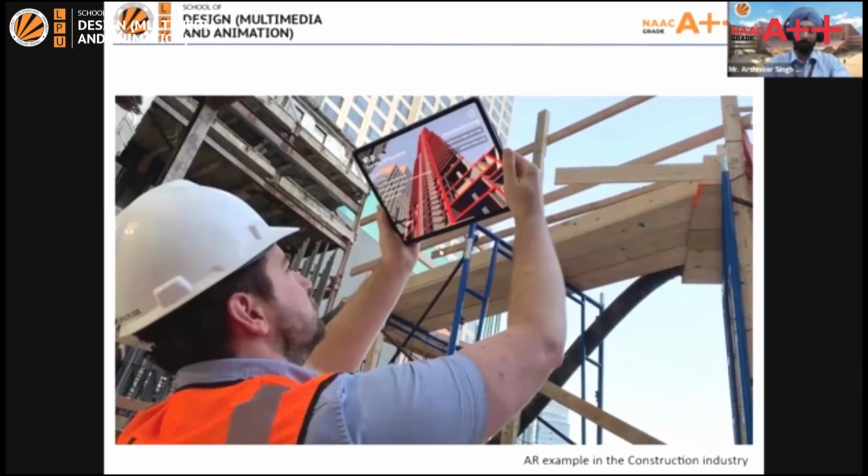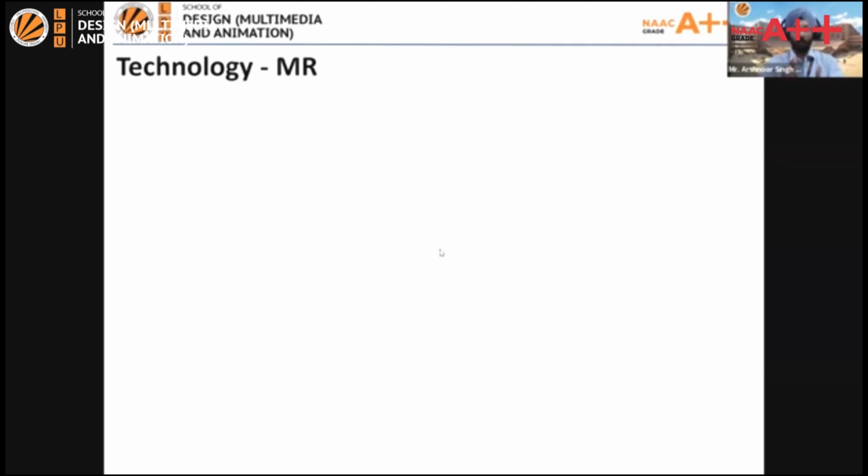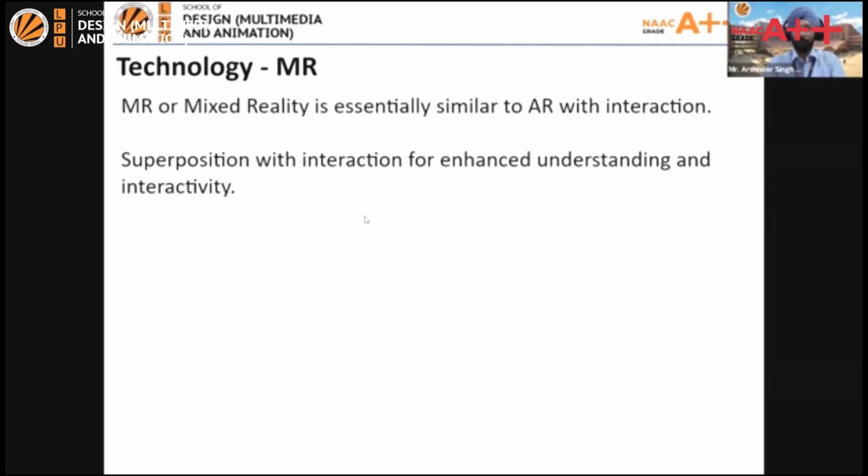Now, moving on, MR. So MR is another term. The M in MR stands for mixed, and R obviously stands for reality. So overall, MR is an acronym for mixed reality. Now, this is very similar to AR, right?